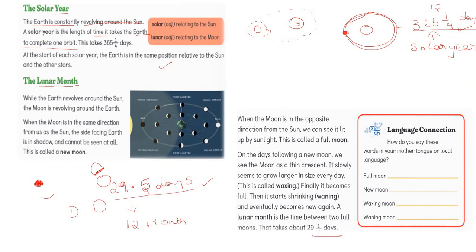This is full. This is dark. This is half dark and half white. This is 3/4 dark, only 1/4 white. Now it has become full new moon.